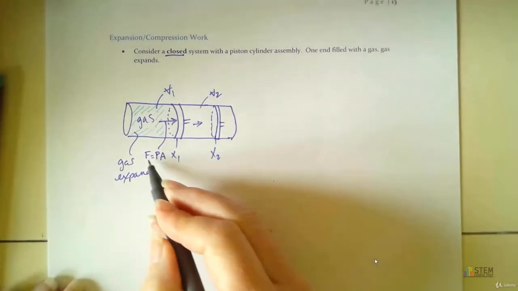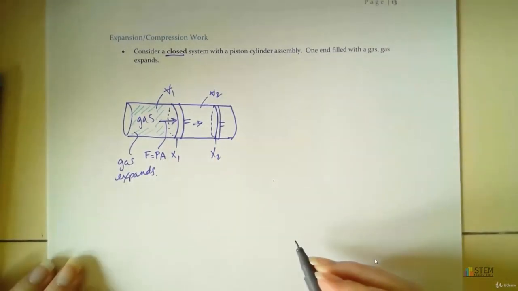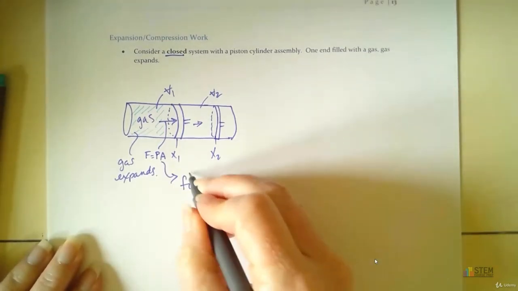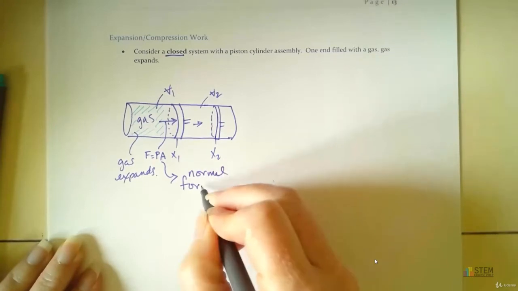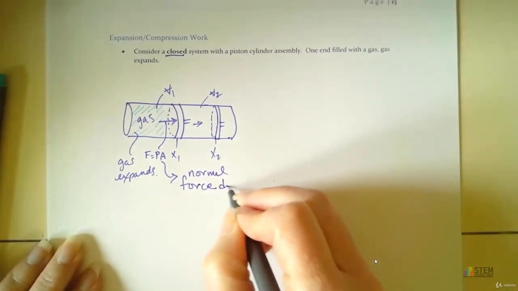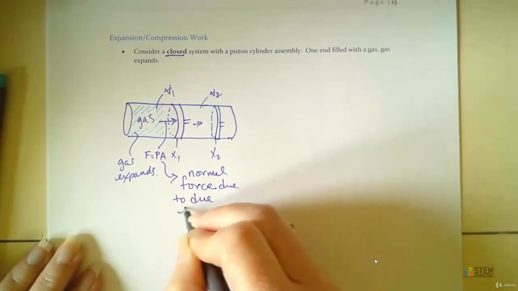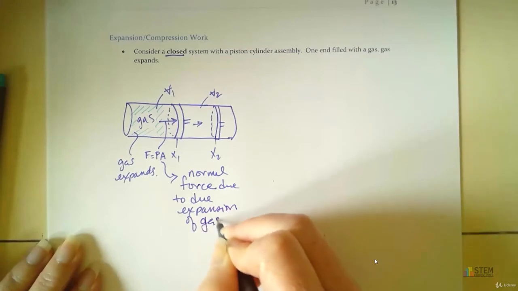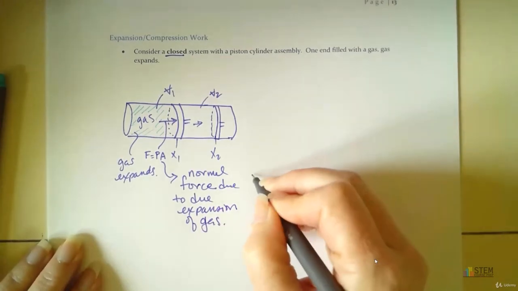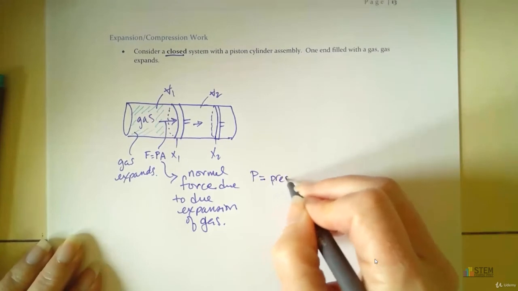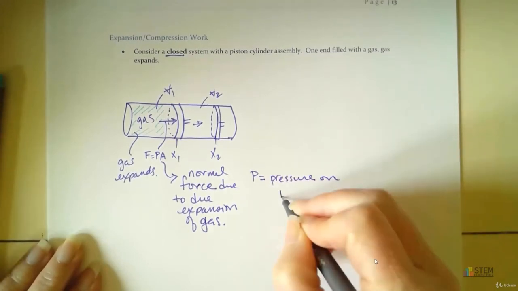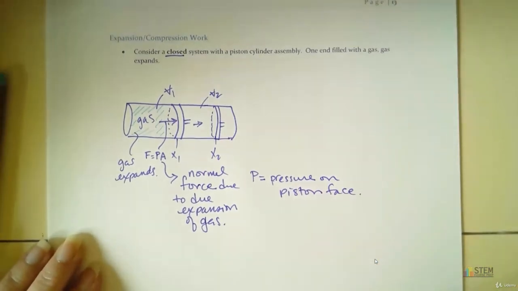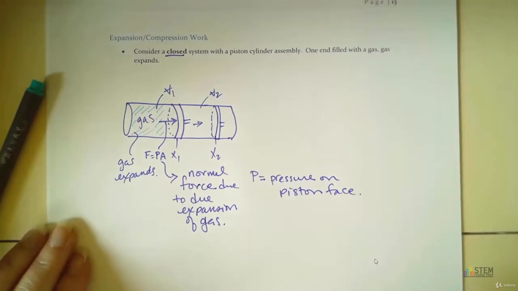Remember, force is pressure times area. So this will be our normal force due to expansion of gas. And remember P is the pressure on the piston face, and A would be the area of that piston face that's in contact with the gas.